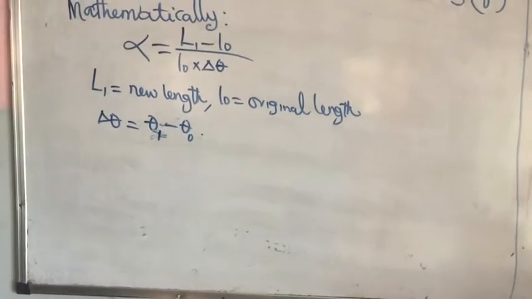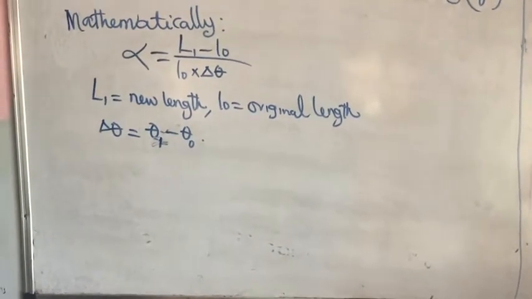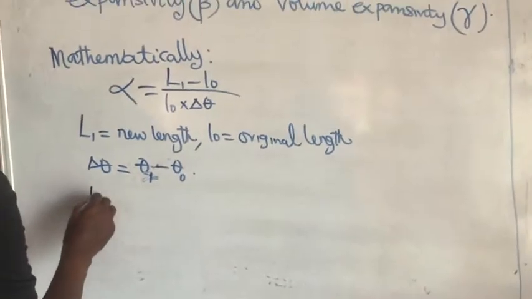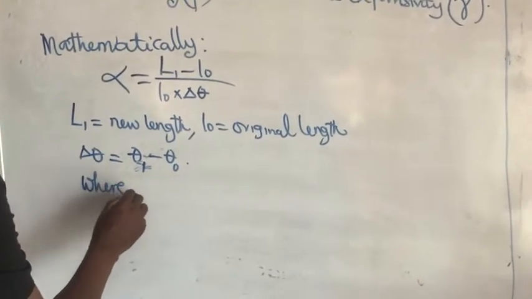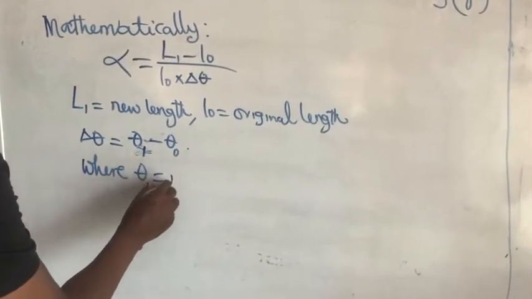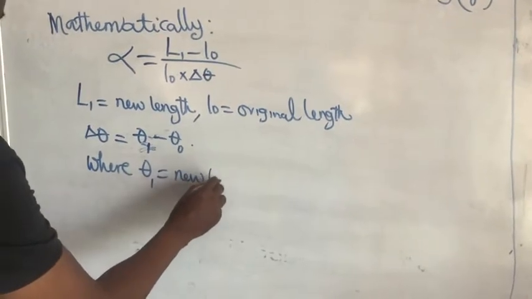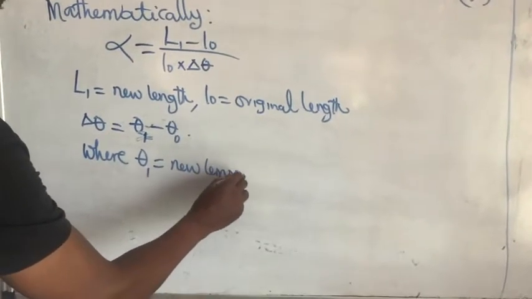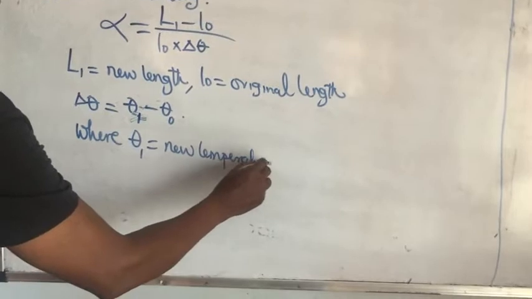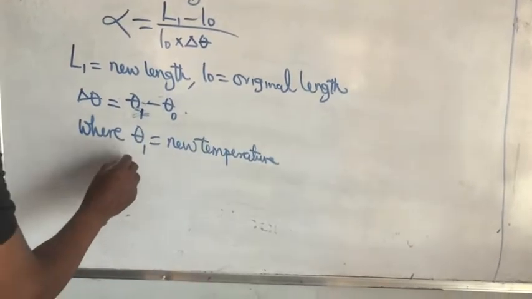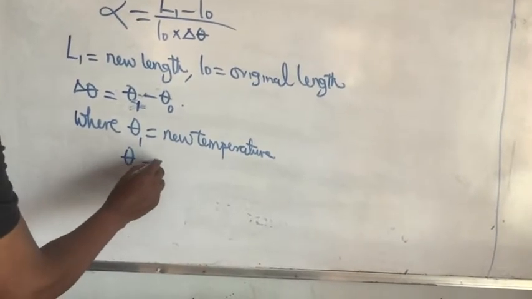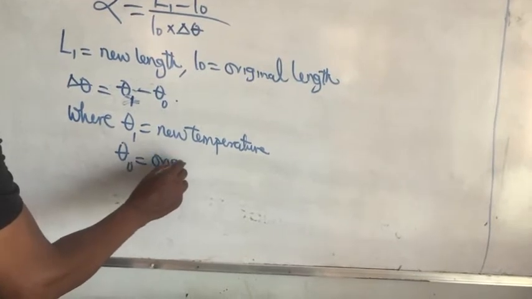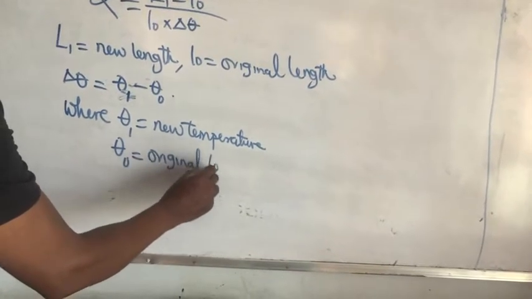Theta 1 means new temperature, but theta 0 means original temperature. Where theta 1 is equal to new temperature, theta 0 is equal to original temperature.